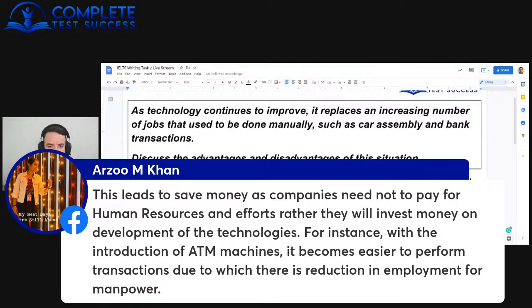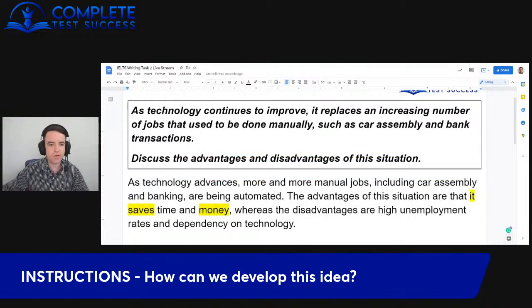I would say, like with ATMs, just say that the cost of running an ATM is much cheaper than the price of paying a staff member to manually give cash to clients. Let's just make it clear. But no, that's good. Okay, so Arzu's on Facebook. I'm going to grab that and add that to our paragraph.